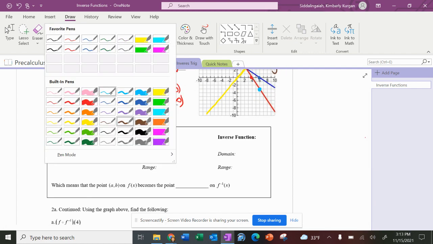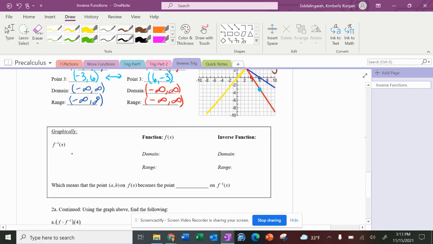So let's talk about graphically what happens. Graphically, it's going to be what we just said. I'm going to say symmetric over the line y equals x.